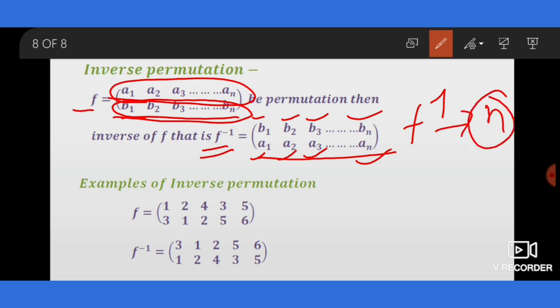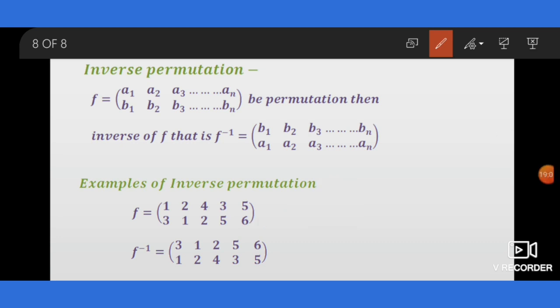For example, of an inverse permutation, f equal to this: the second row of this permutation is replaced by the first row of this permutation. We found f inverse equal to 3, 1, 2, 5, 4 in the first row and 1, 2, 3, 4, 5 in the second row.